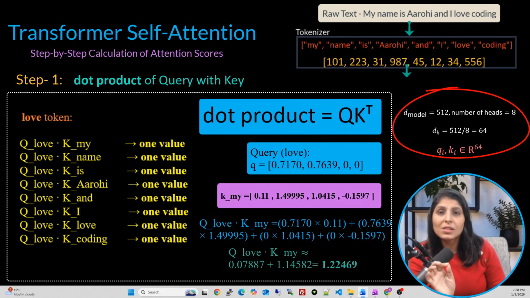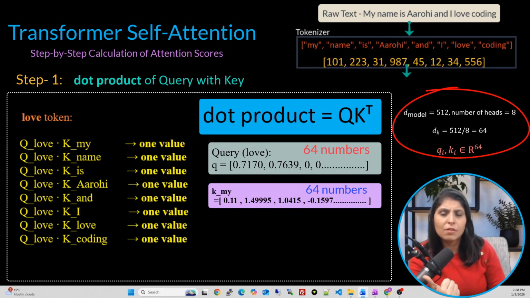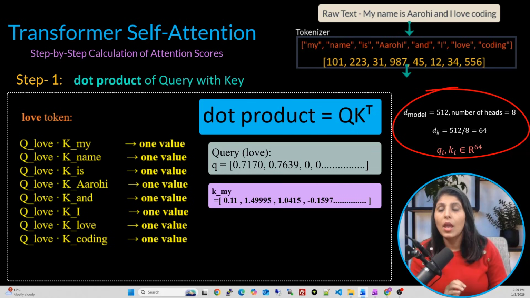When the size of query and key vectors, which depends upon DK, is large, for example in our case 64, then the dot product which you will perform will become very large. And when these large values go into the softmax, softmax becomes very, very sharp and gradients become very small, and you can face the problem of vanishing gradients. So this makes training difficult.